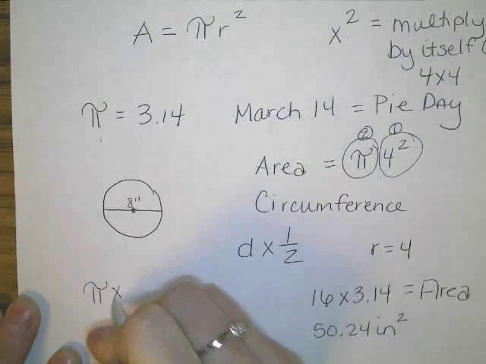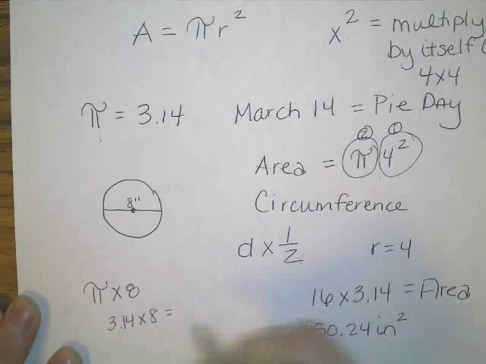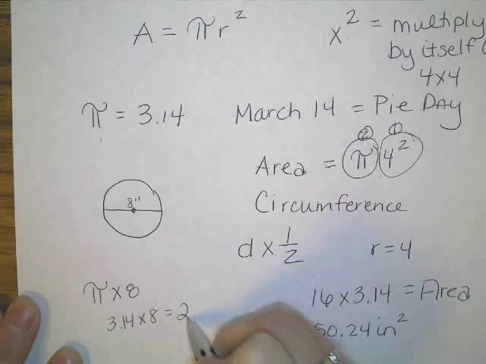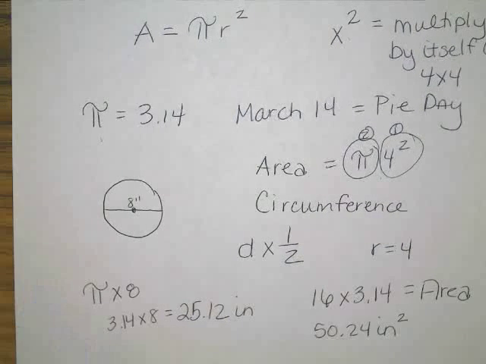So pi times 8, or 3.14 times 8, gives us, anyone? 25.12 inches. Is that one squared? No. It's the circumference. It's the round part. It's the outside, so it doesn't have squared to it.